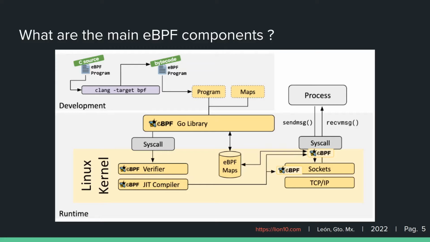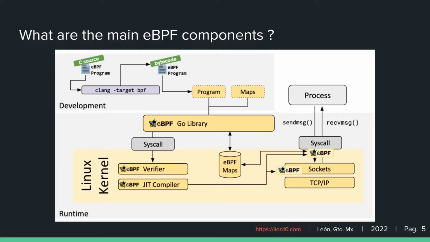As a program is loaded into a Linux kernel, it passes through two steps before being attached to the requested hook. First, there's a verification step, and the verification step ensures that the eBPF program is safe to run.